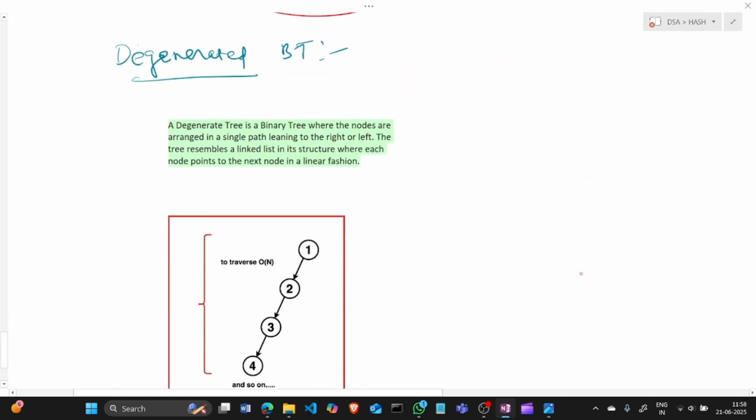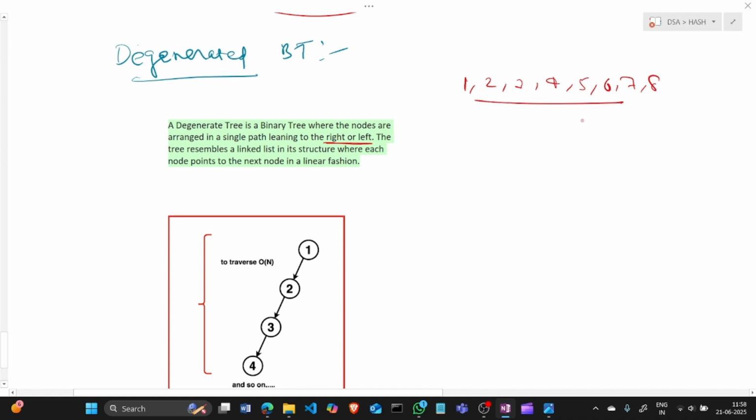A degenerated binary tree is a binary tree which goes either on the left side or the right side in a leaning way. Let's see 1, 2, 3, 4, 5, 6, 7, 8.